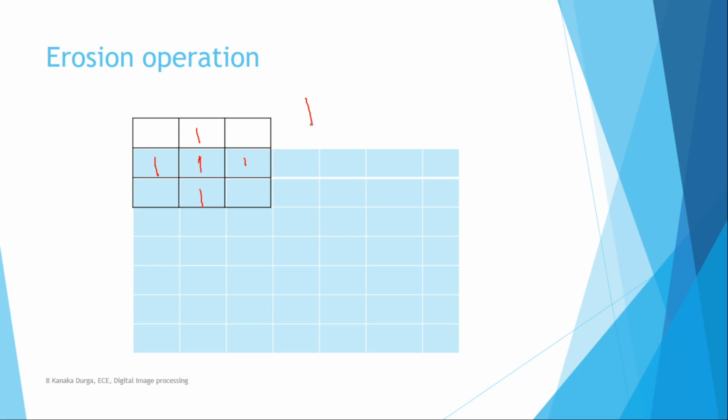So it also does not match, and the resultant pixel value of A erosion B at this position is 0. This is the way we have to do the analysis in a grid format.